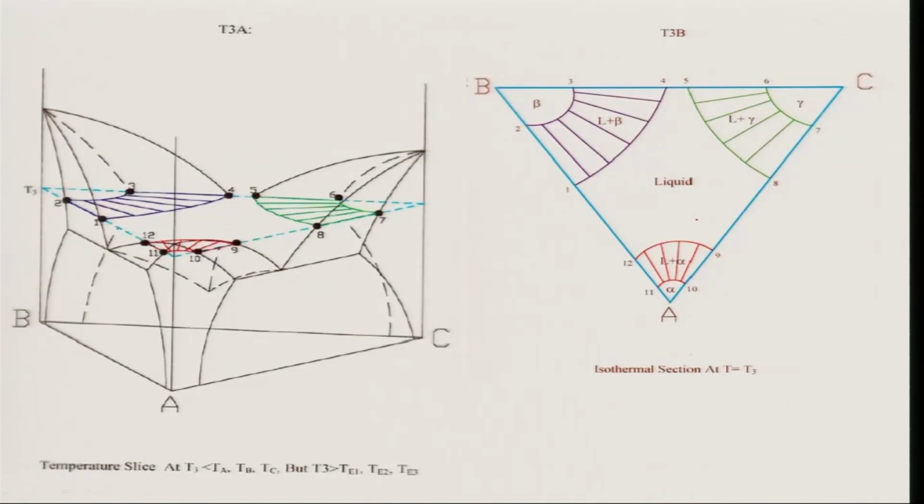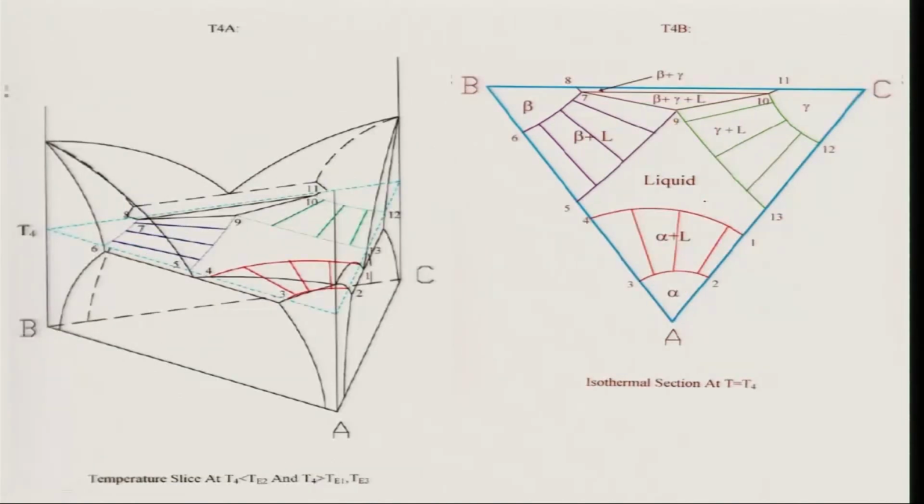Now if you go to a temperature a little lower than that, but still we have not reached the eutectic temperature between B and C, and the temperature is still higher than any of the binary eutectics. What will happen? You have alpha, beta and gamma, three single phase zones, and then liquid plus beta, liquid plus gamma and liquid plus alpha, and in between you have the central liquid, correct.